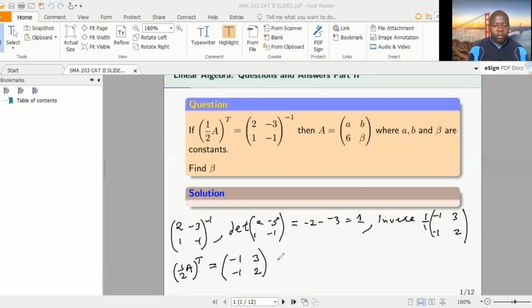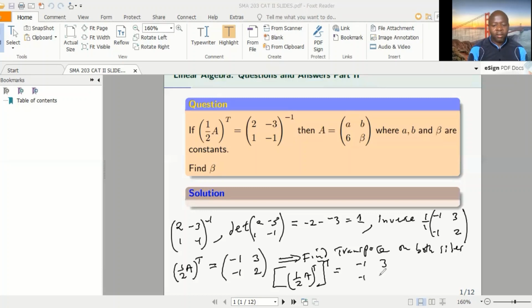So when we find the transpose on both sides, what do we get? I'll have a half of A transpose, and then the transpose of that will be the same as -1, 3, -1, 2 transpose.